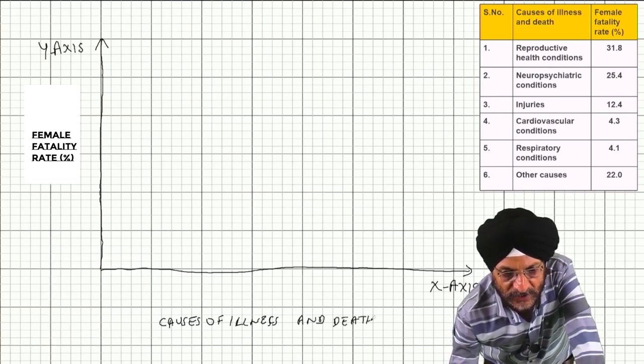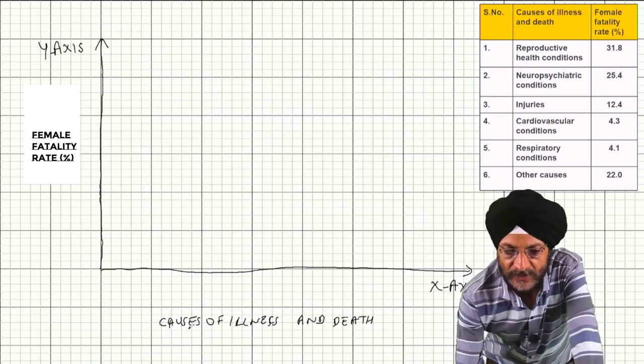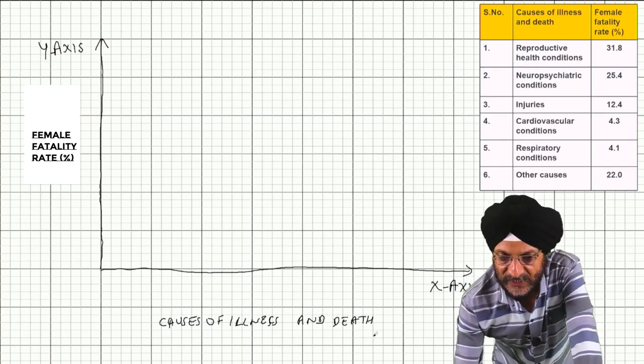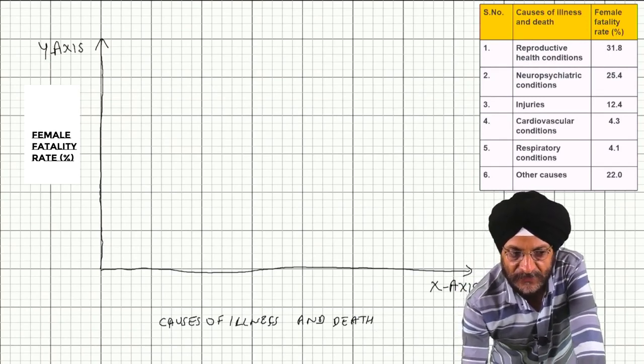That is, on the x-axis we will take causes of illness and death, and on the y-axis we will take female fertility rate.